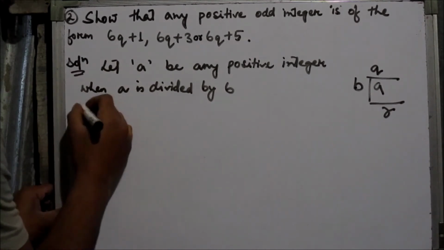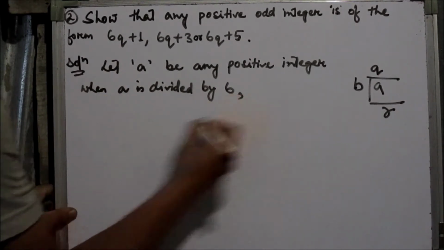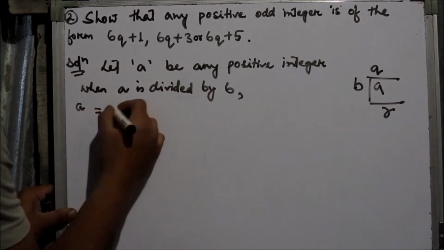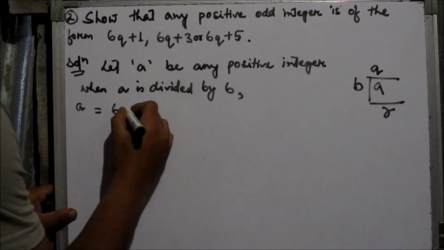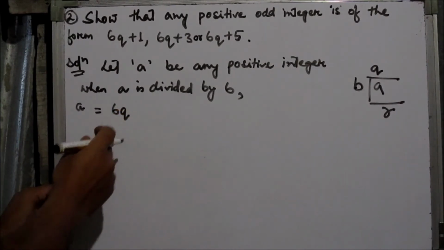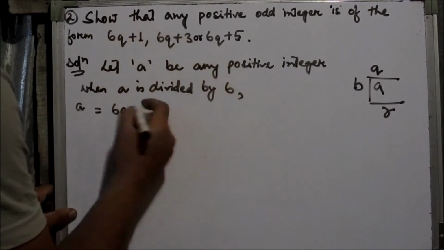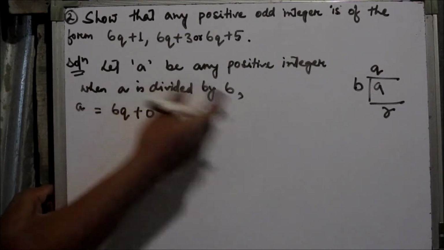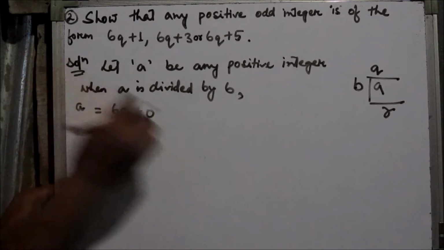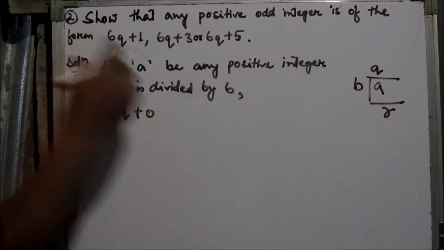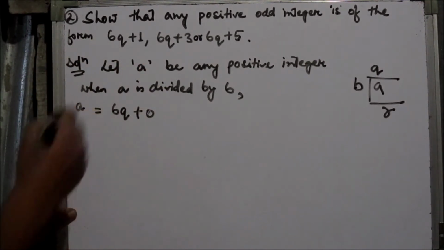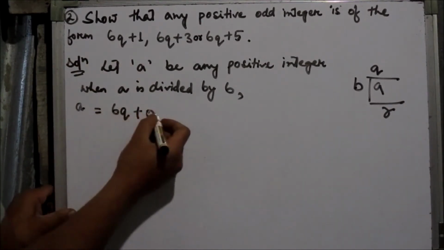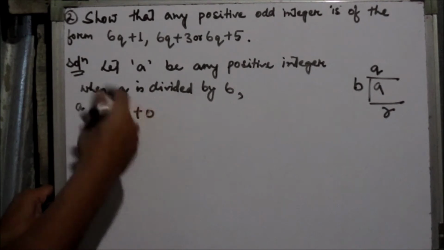So when a is divided by 6, a is equal to either 6q plus 0. What is q here? The q is the quotient. And what is 0? 0 is the remainder. We are directly giving it 0 because there are 6 possible cases. The first case, the remainder may be 0.